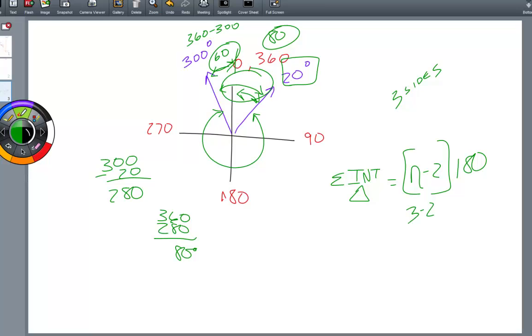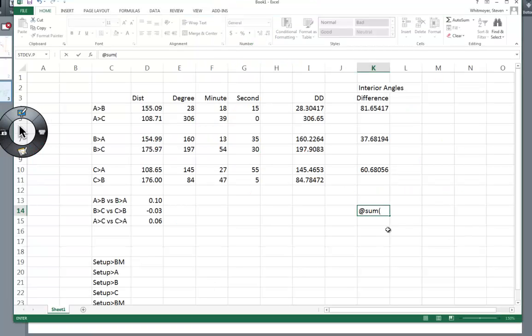So 3 minus 2 times 180, so it should add up to 180 degrees. If I have a 5-sided traverse, it'd be 5 minus 2, which would be 3, times 180, the addition of all the interior angles. So if we look at that, the summation of these equals 180.0167.